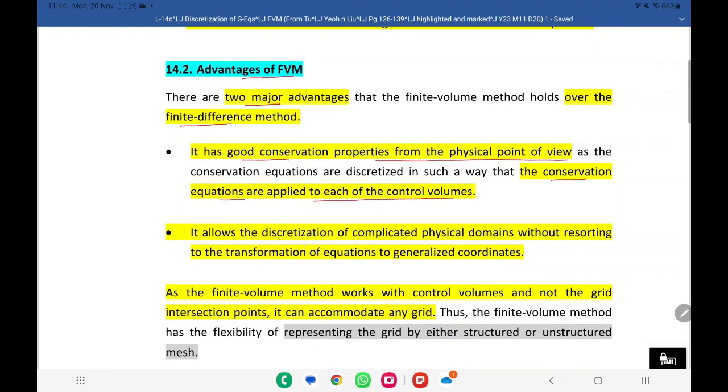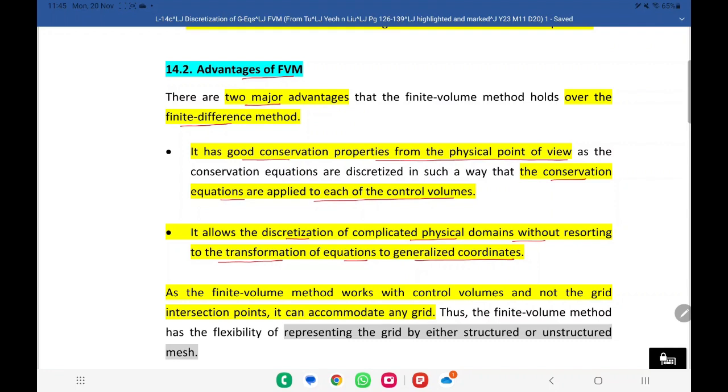Now, the second advantage is that it allows the discretization of complicated physical domains without resorting to the transformation of equations to generalized coordinates. We'll talk more about it. When you have a complicated domain and you cannot divide that domain into proper structured grids, then in FDM you have to have structured grids.